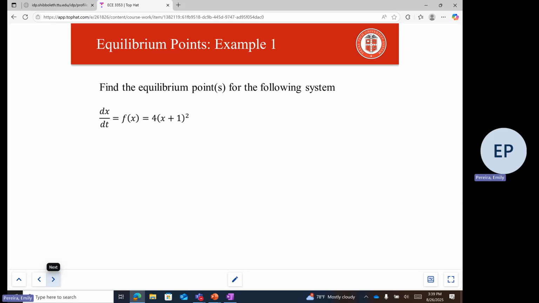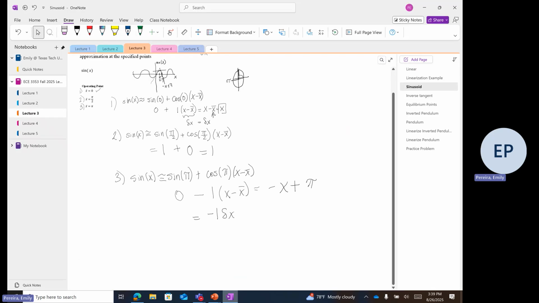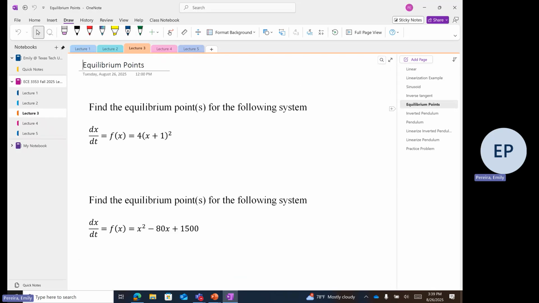So let's look at an example of this. Let me go to the equilibrium points. For this function, we have dx/dt equal to 4 times (x plus 1) squared. So we're going to set 4 times (x plus 1) squared equal to 0, because we're setting this whole thing equal to 0, and we're going to solve for x.